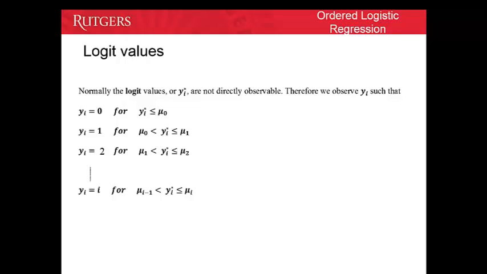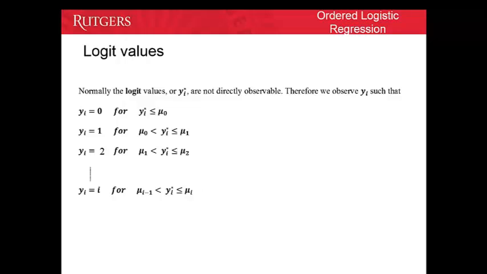Normally, in general, the logit values are not directly observable. So what we can do is modify the binary logistic regression model to incorporate the ordinal nature of a certain dependent variable by defining the probabilities differently.